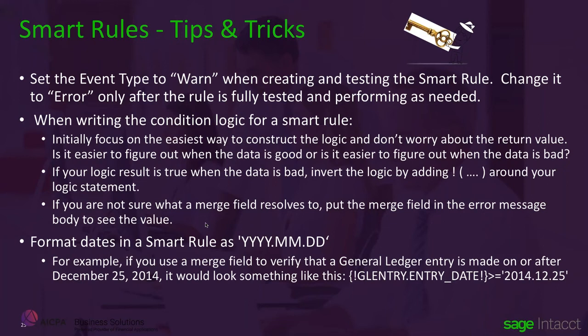So if you're having a lot of problems with creating a smart rule and it's just not firing the way that you think it should, take that merge field value, stick it in the error message, and then when you process your transaction, add your record, add your value, and you get the warning message, it'll do the merge field. So you can use merge fields in your text message results that display on the screen, your error message.